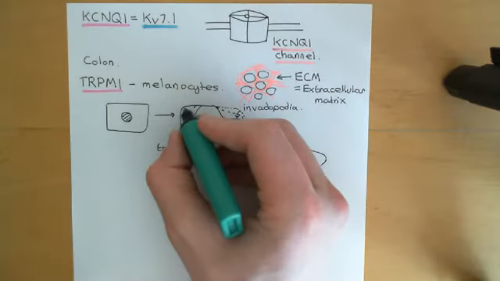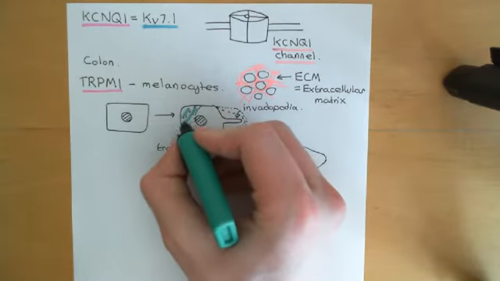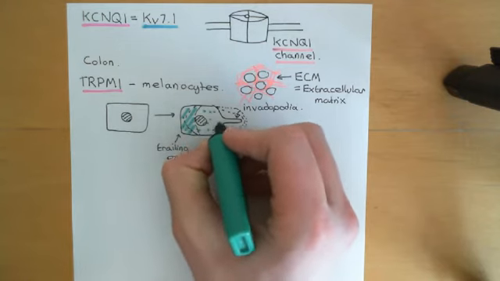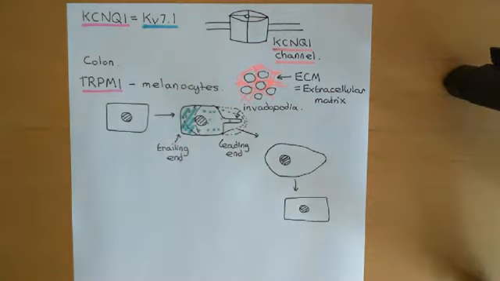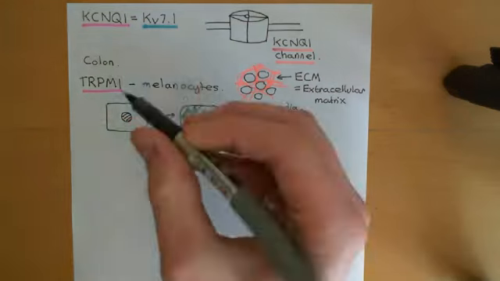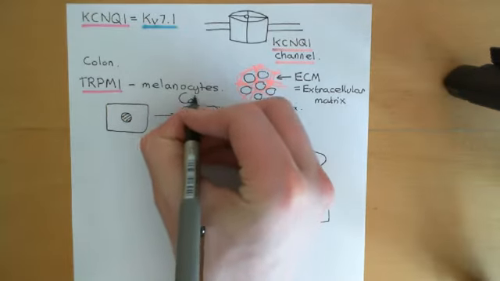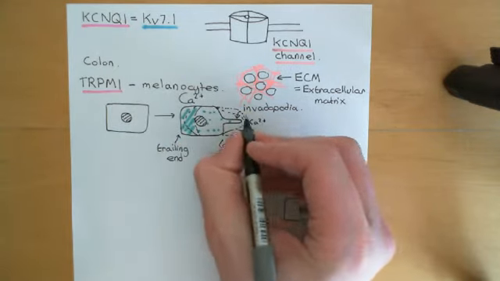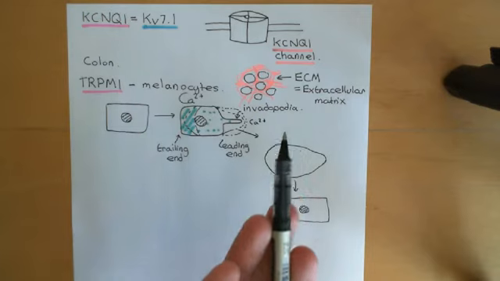So let's have a look at this cell here. Calcium concentration is higher at the trailing end, and then it gets lower towards the leading end. So you have a gradient where you have high calcium here, so I'll draw big calcium at this end, and then very little calcium at this end. Okay, so you establish this intracellular calcium gradient.